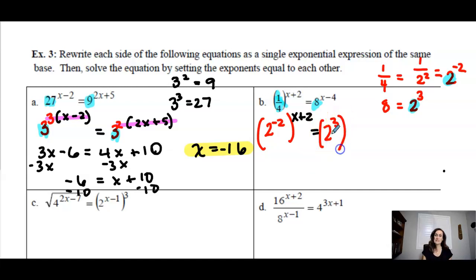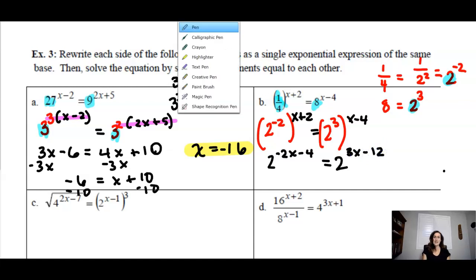And we're going to raise that to the x minus 4. So now we're going to take and distribute the exponents. So we have 2 raised to the -2x subtract 4 equals 2 raised to the 3x subtract 12.